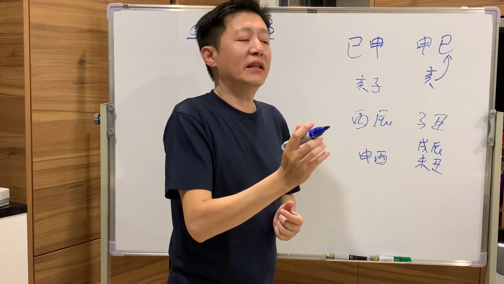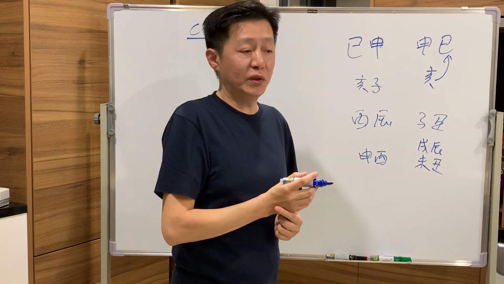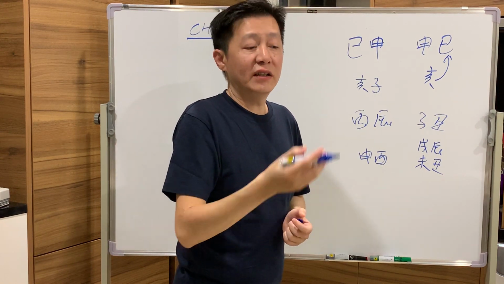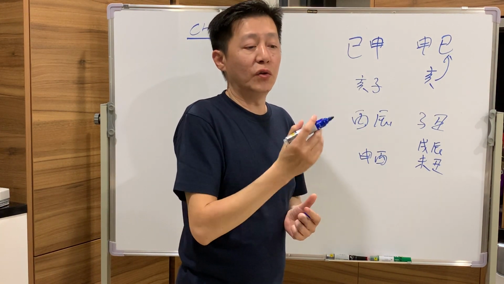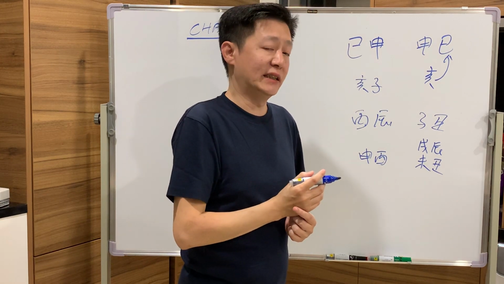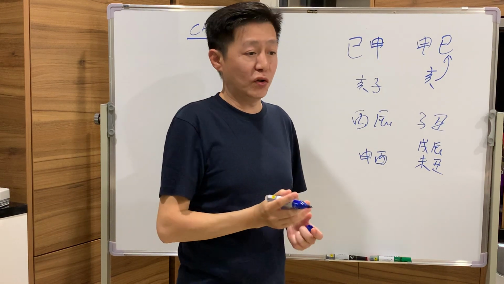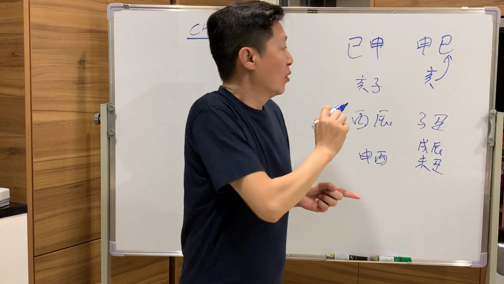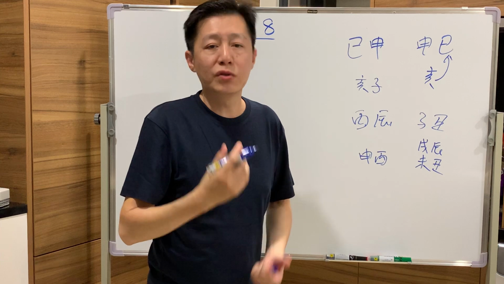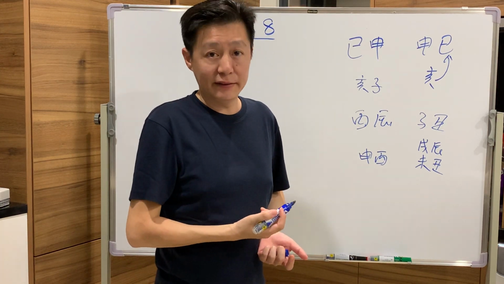Okay, if you have the month and the day branch combined, it's between your mother and your spouse, or your spouse and the society. The society is your society, not their society. Okay, because it happened in your parcel. Combine and clash to a person is very emotionally involved. Understand?